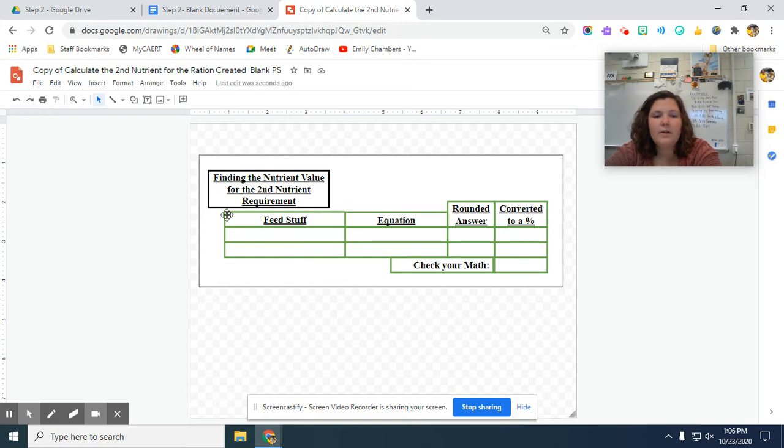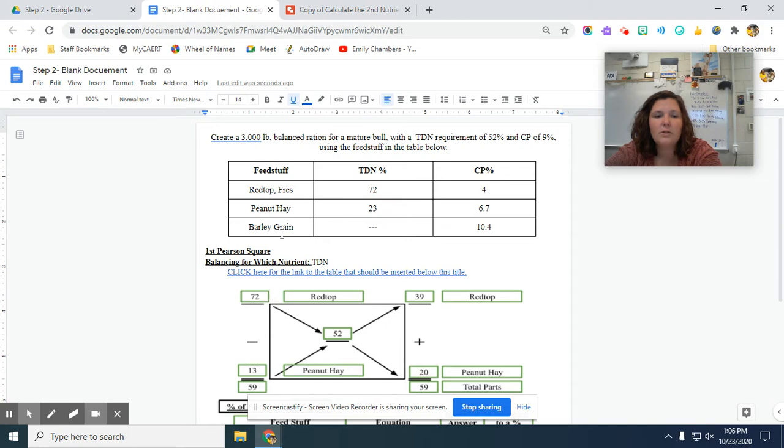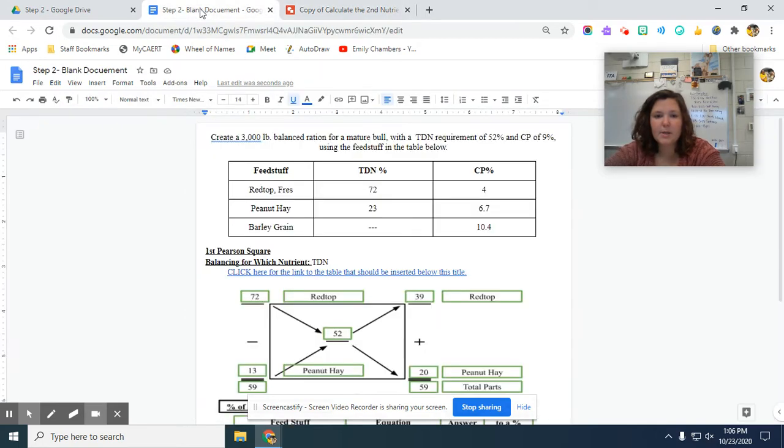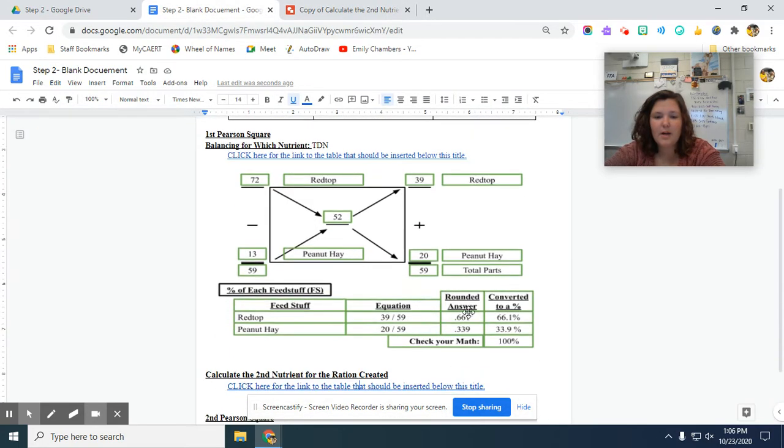Okay. So you're going to find the nutrient value for the second nutrient requirement. So the feed stuff that we use is those original two ones. So red top, peanut hay. So what you are going to do is you're going to take the percent in the decimal form that you got. So for red top, it's 0.661.